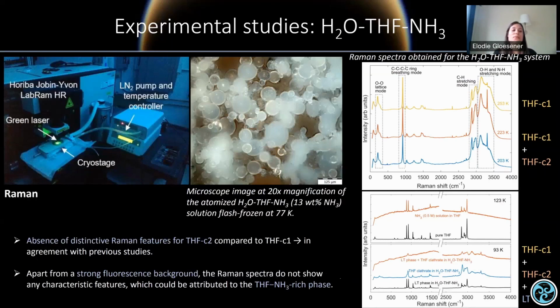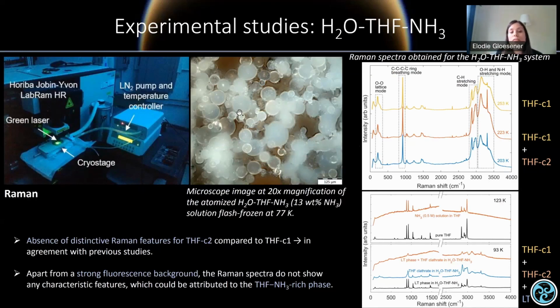In previous Raman spectroscopy experiments, there were no characteristic features that could distinguish the THF C1 from the THF C2. And so we conducted additional experiments where our solution, so the water THF ammonia solution, was first atomized to ensure the homogeneity of the sample.